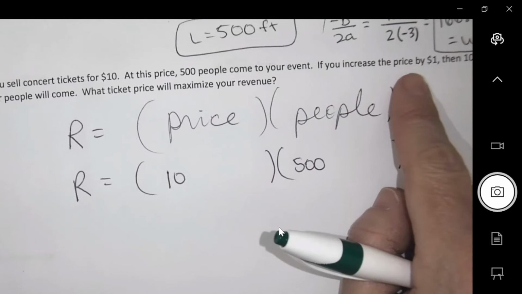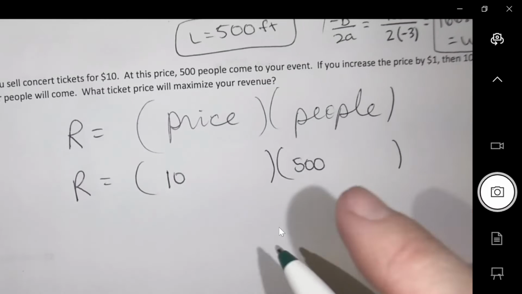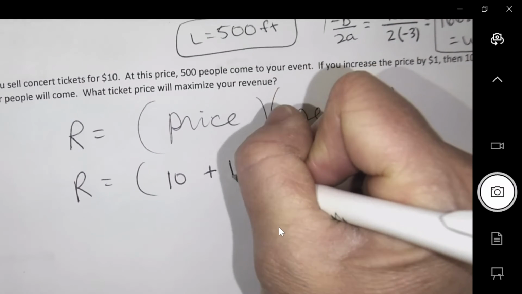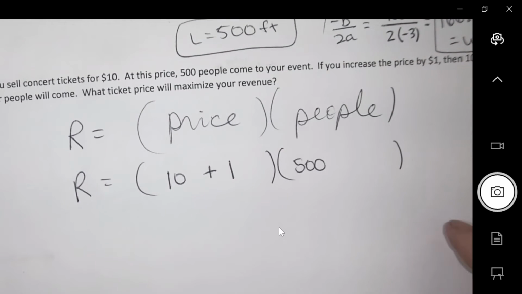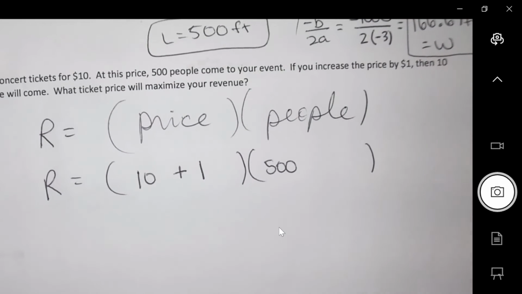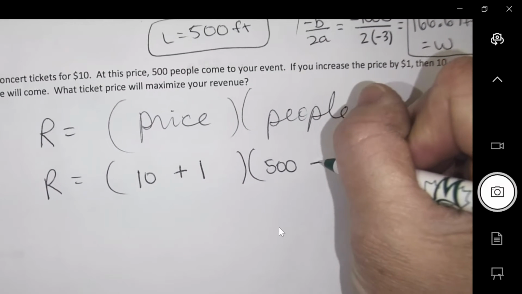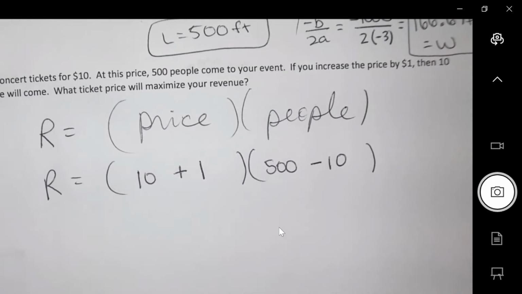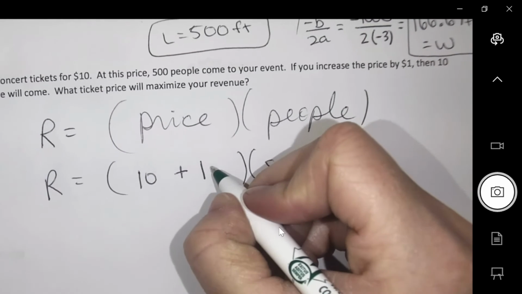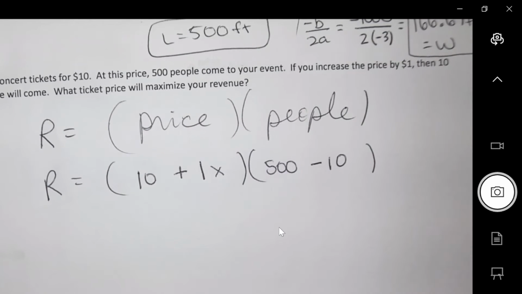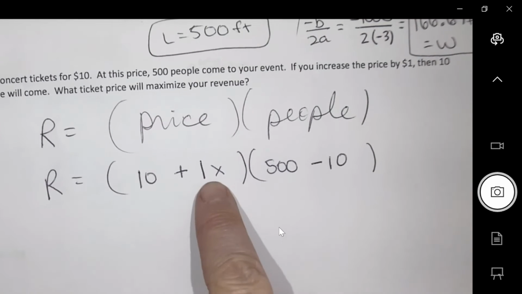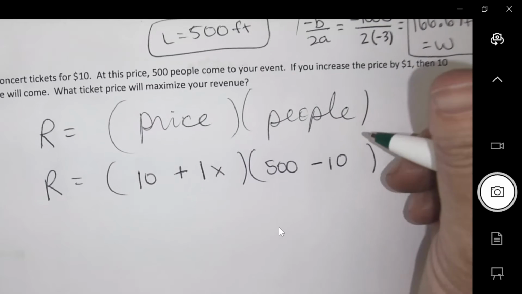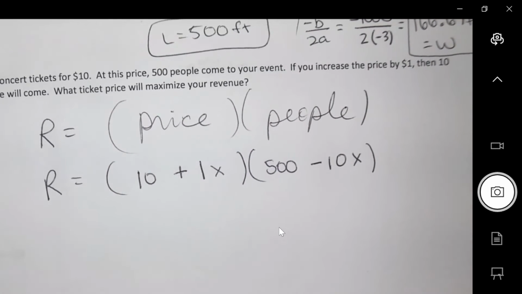If you increase the price by $1, then 10 fewer people will come. And what am I missing? The variable. This might increase 1, it might increase twice, 3 times, and then as soon as that increases a few times, this will decrease a few times.